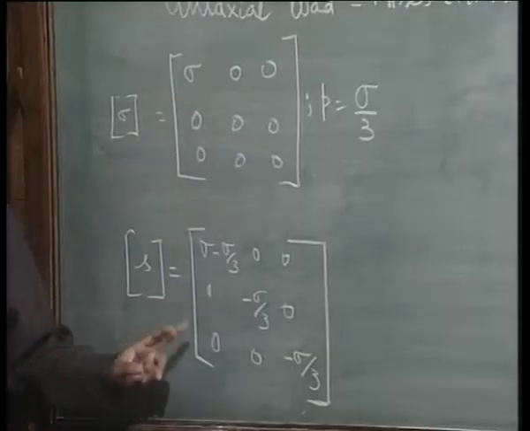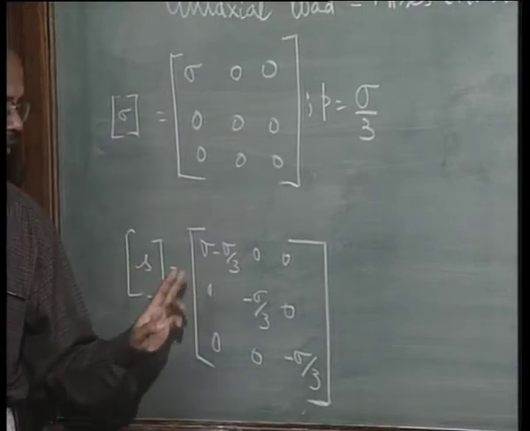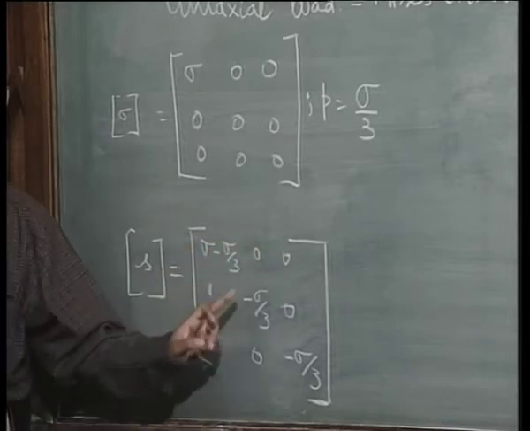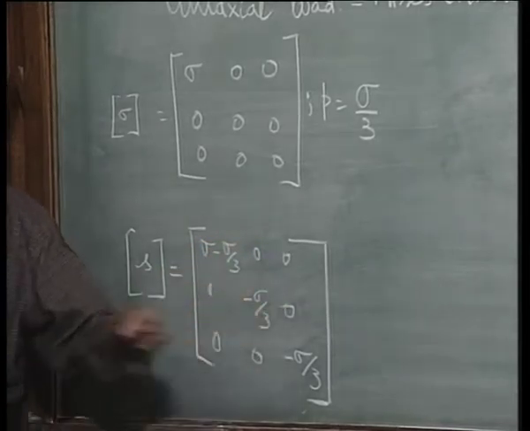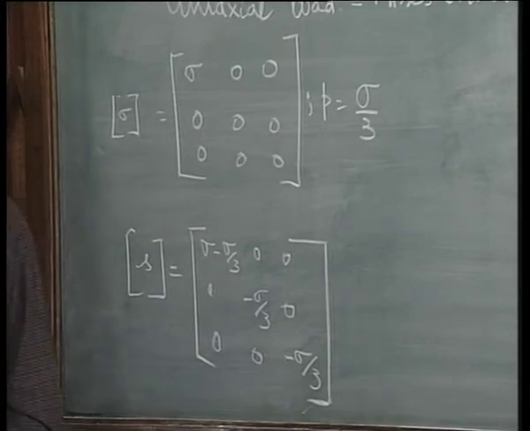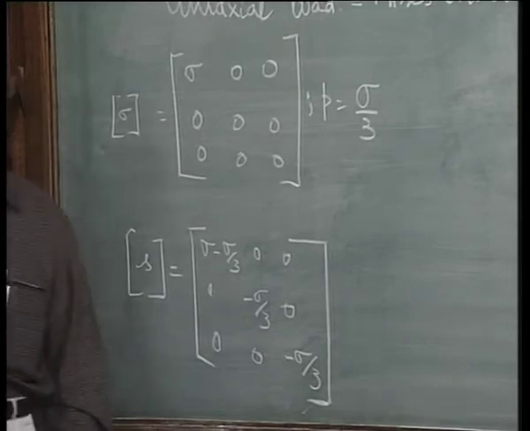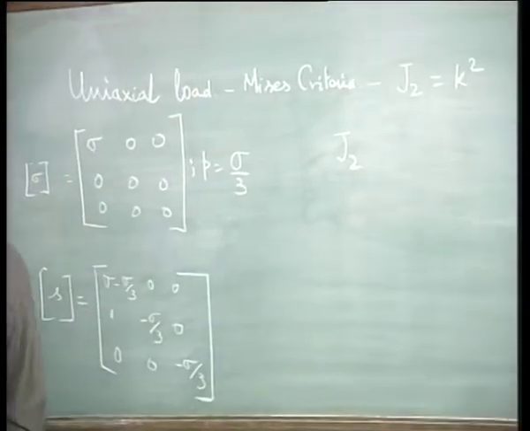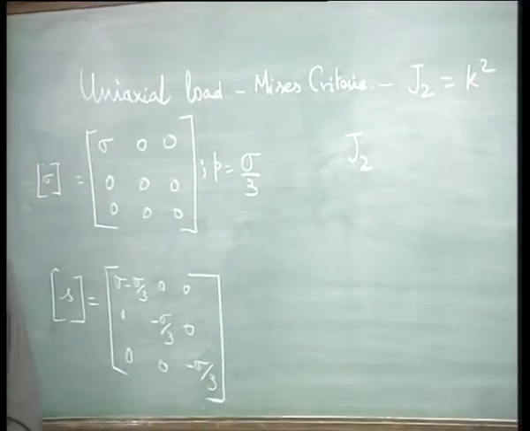Now writing that down, S is equal to sigma minus sigma by 3, then minus sigma by 3, then minus sigma by 3 along the diagonal. So, what is the next step? The next step for me is to find out what J2 is. What is J2?